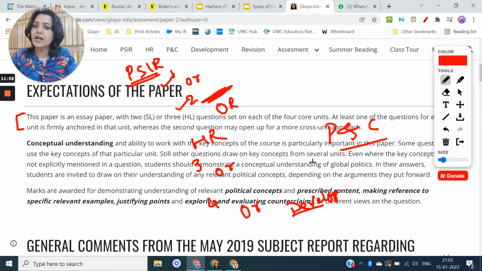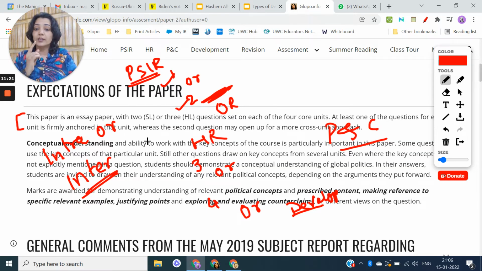So a question may be intra or inter. When I say inter question, that means not necessarily the question would be from the PSIR unit, it can be from even human rights or development. Not necessarily that the question would be of human rights but sitting under PSIR.